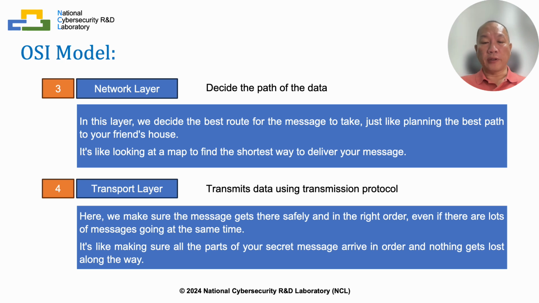So the network layer is where we specify the interconnectivity between machines. In this layer we decide the route for the message to take, and some of the protocols that define what we call the route table work within the network layer.